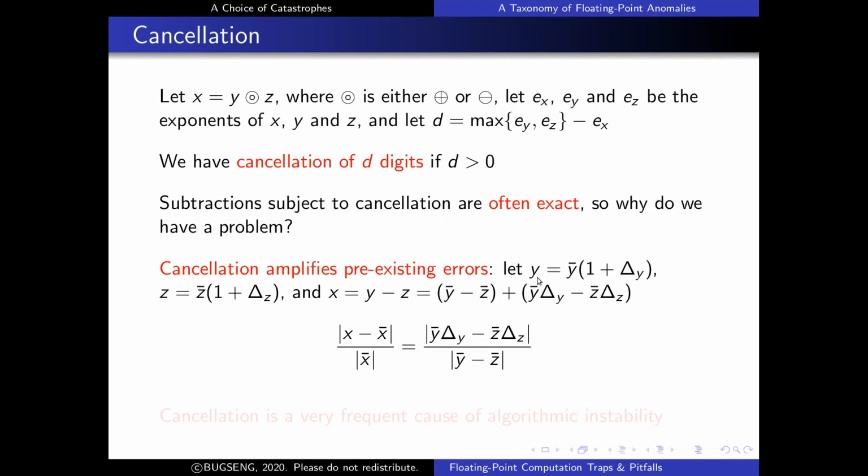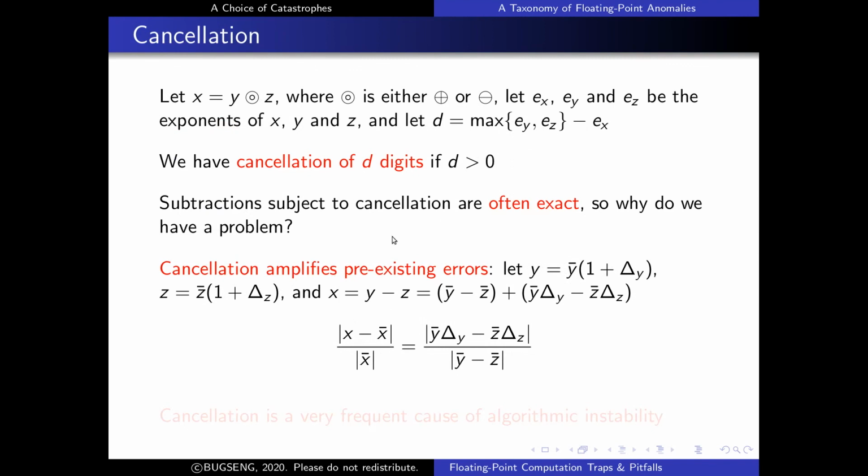Let's suppose that y, the floating point quantity y, is the real value subject to this delta y error. And similarly, z is the real value subject to this error. The question now is, what is the relative error on x if I do the subtraction y minus z?